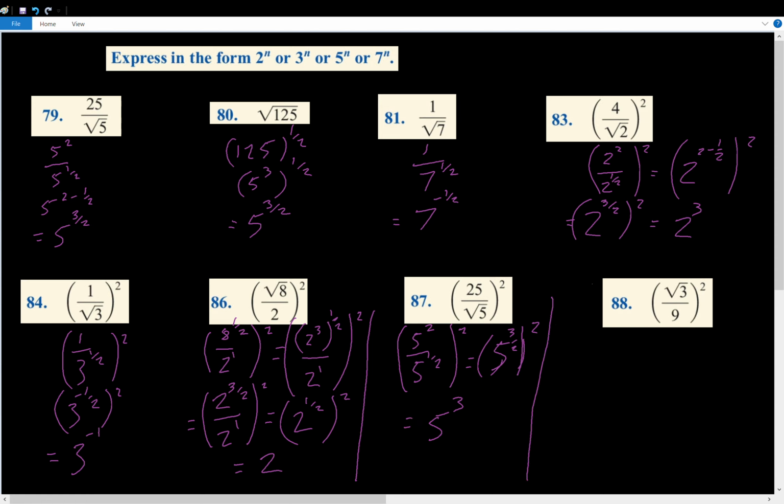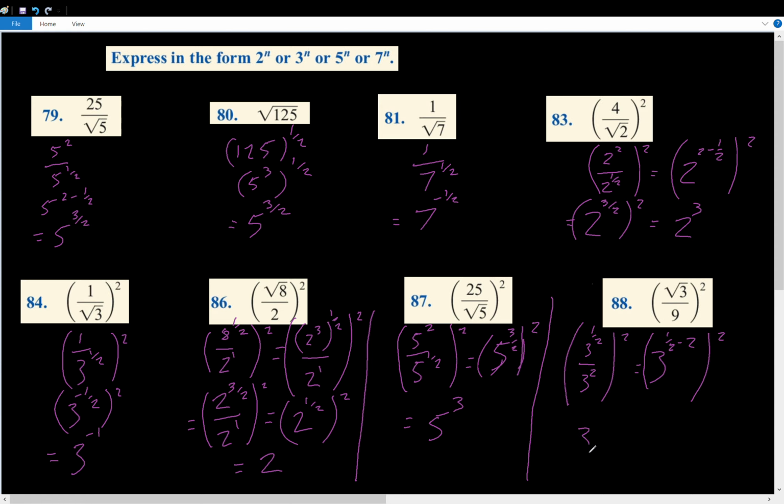Now for our last one in this video, we're looking at 88. We're going to change the root 3 to be 3 to the power of a half, and that's all over 3 to the power of 2, because 3 squared is 9. That's all in a bracket, and that's being squared. If we apply our division rule inside the bracket, it's 3 to the power of 1 half minus 2. 1 half minus 2 is minus 1.5, so that's minus 3 halves.